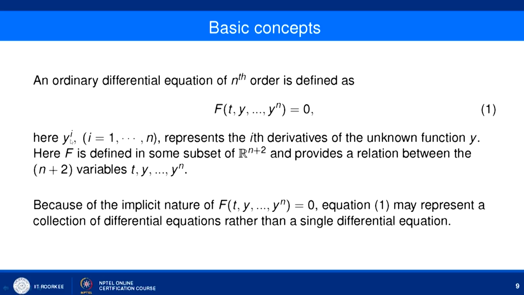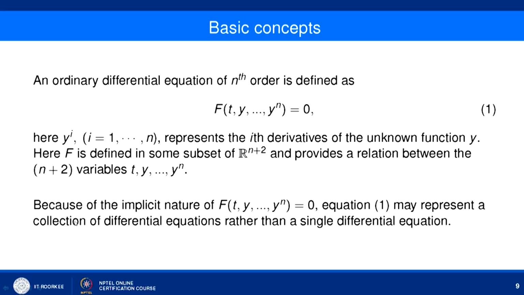So, here yi, where i is from 1 to n, represents the ith derivative of the unknown function y, and here f is defined on some subset of R^(n+2) and provides a relation between the n+2 variables. What are the n+2 variables? t, y, y dash, y double dash and yn.